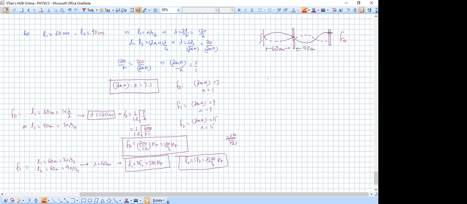Then the first overtone will now look like this. It's going to look a little complicated. There will be 3 loops here, and correspondingly, there'll be 4.5 loops here.